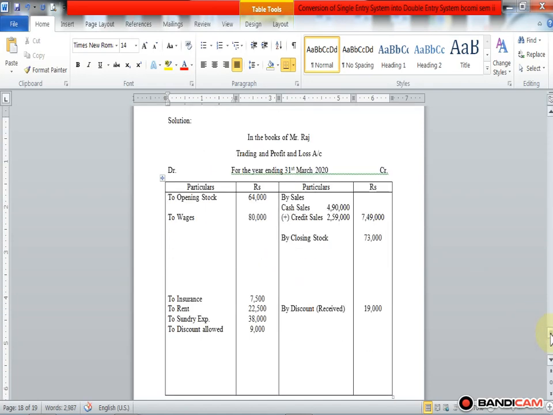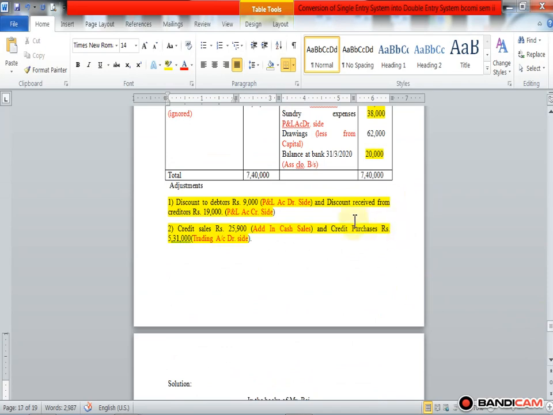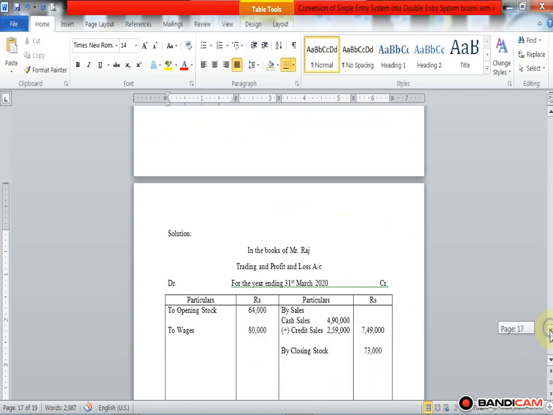We transfer all items related to the trading account, but here purchases is not posted on the trading account, so post purchases to the trading account. Here to purchases amounted to rupees 5,31,000.